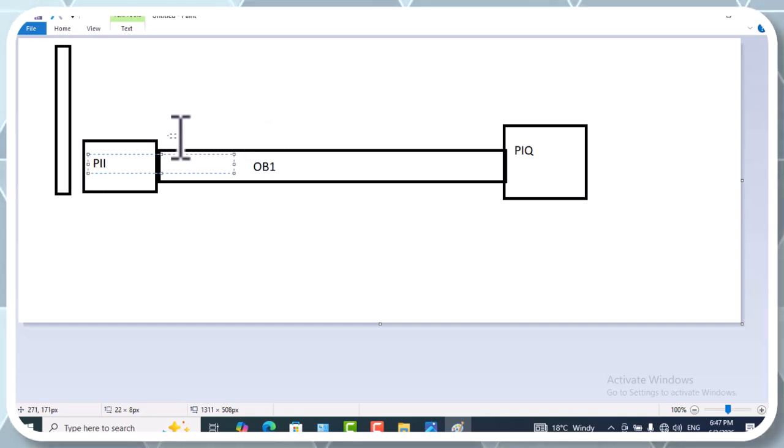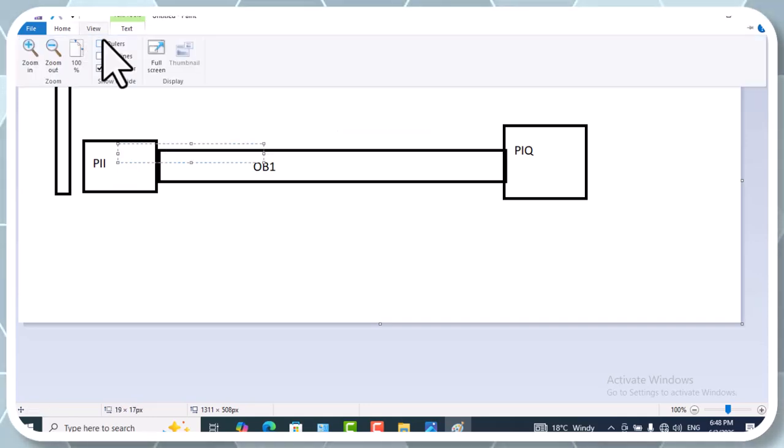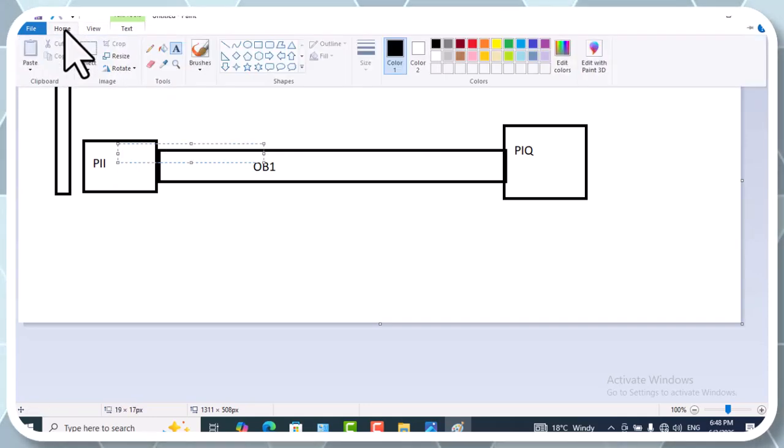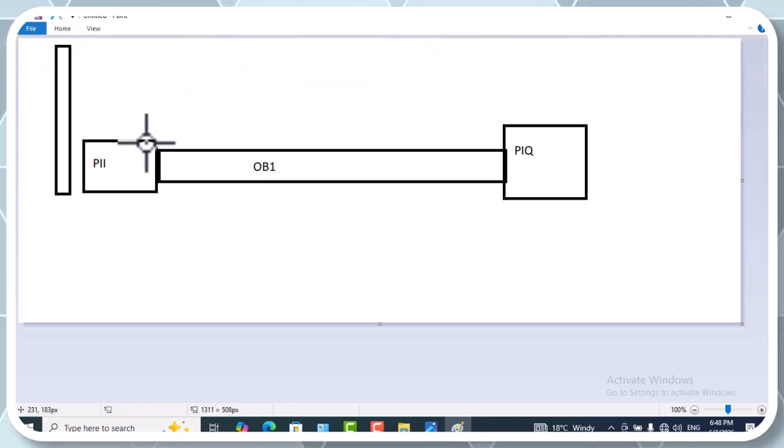Then the OB block executes all programs, and after the cycle of OB1 is finished, it writes all the values from this memory, from this image, to here.